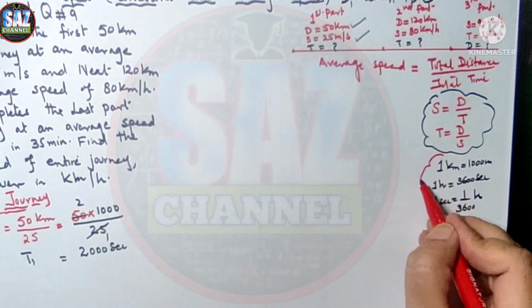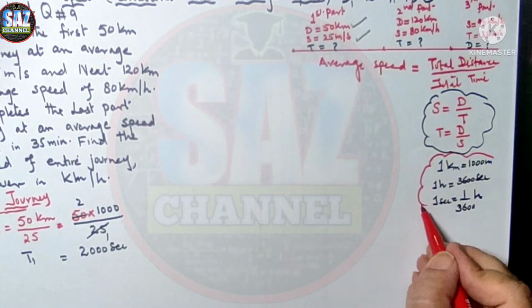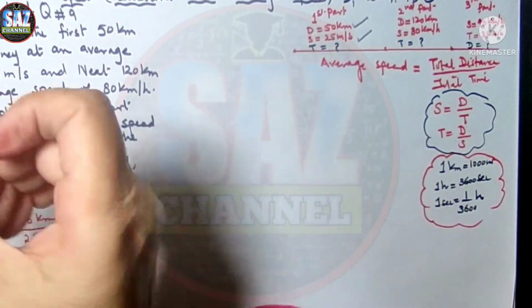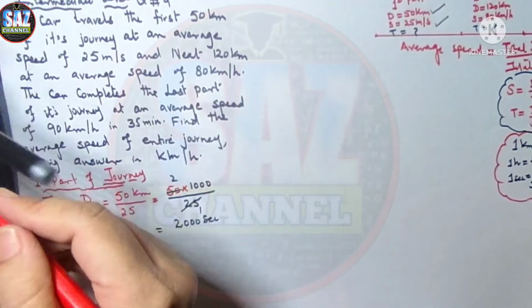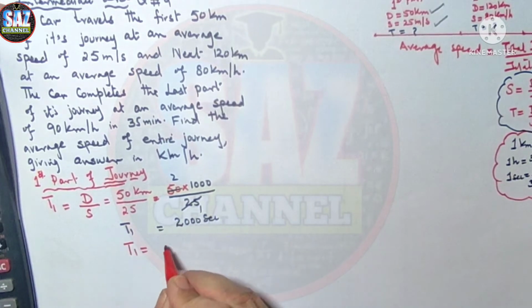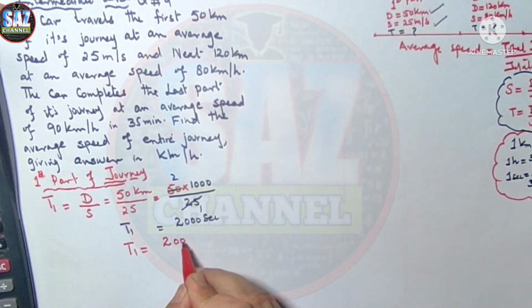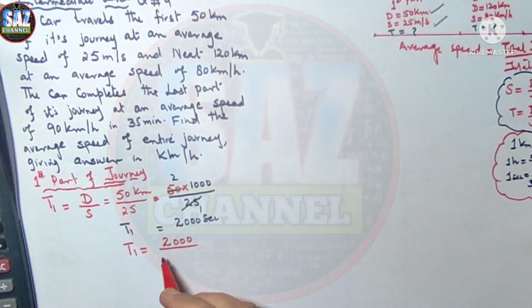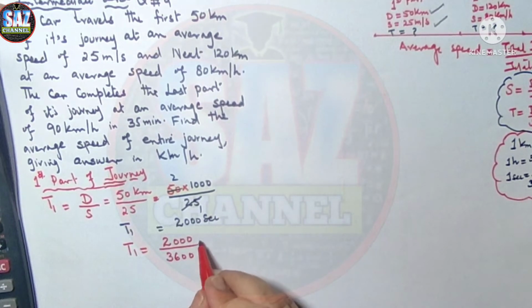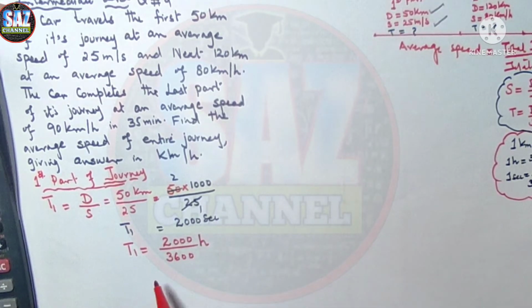Small to big divide, and big to small multiply. This is the rule we are going to apply. So in order to convert this time T1 into hours, I'm going really slow and step by step so that my students can understand these questions easily. Now as I'm dividing it by 3600, it will become hours.